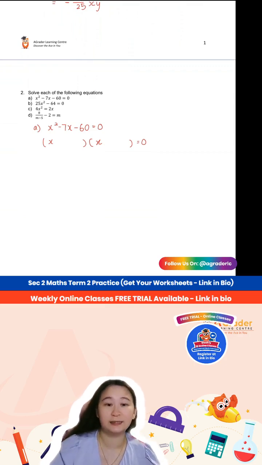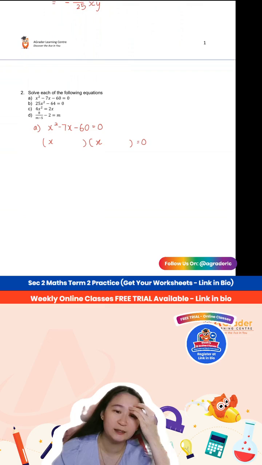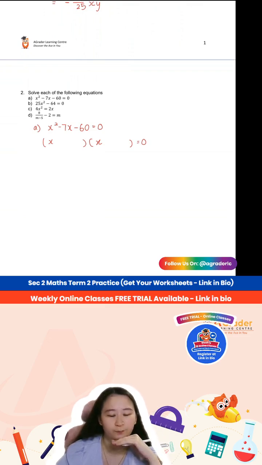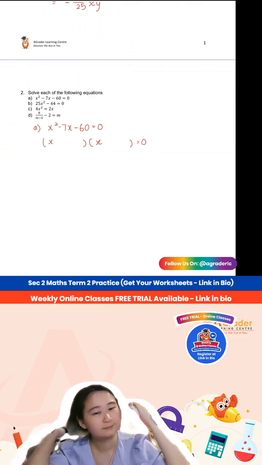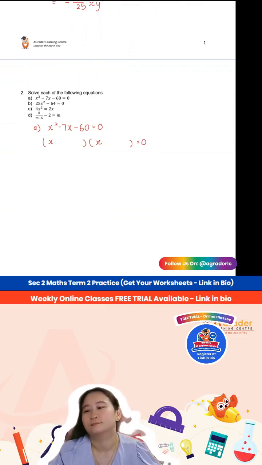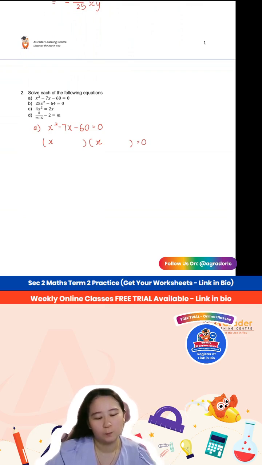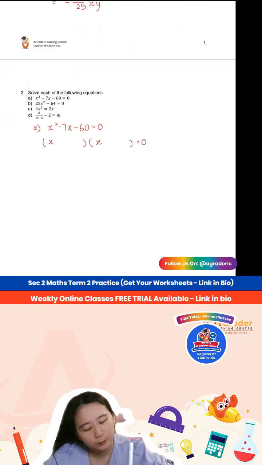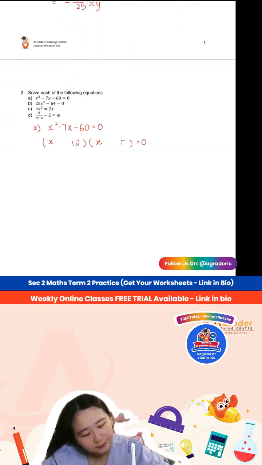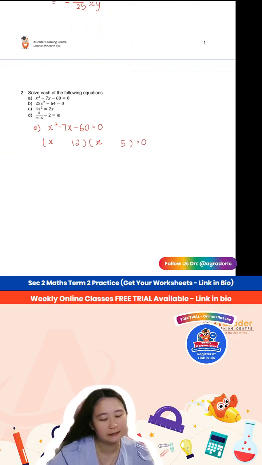Because it's negative 60, one has to be negative and one has to be positive. To have a difference of 7, the pair of factors we'll be looking at will be 12 and 5. 12 times 5 gives us 60, and 12 and 5 have a difference of 7.